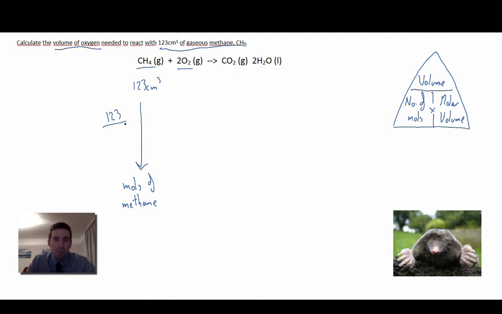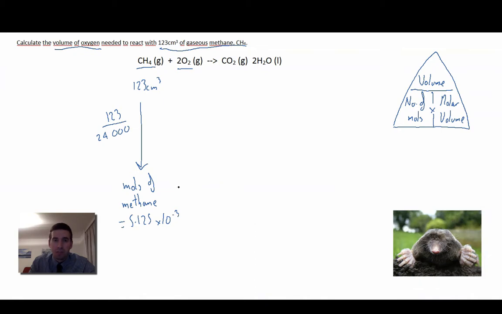Now in the question, the volume was given in centimeters cubed, therefore we continue to use centimeters cubed. So in this example it's 123 centimeters cubed divided by 24,000. And this gives us our moles of methane. So stick that in your calculator, which gives you 5.125 times 10 to minus 3 moles of methane.